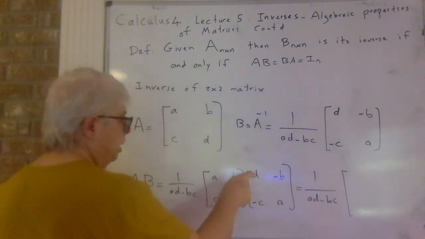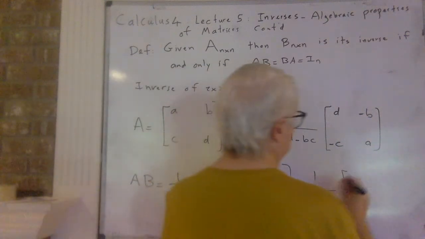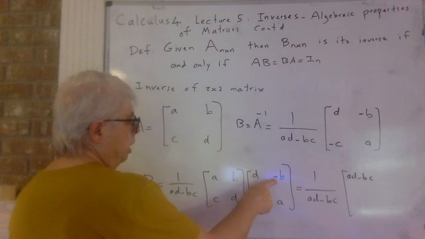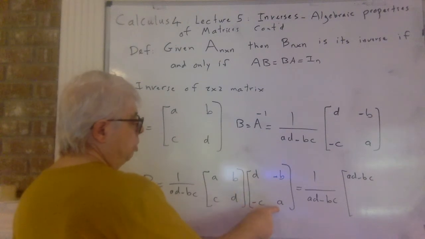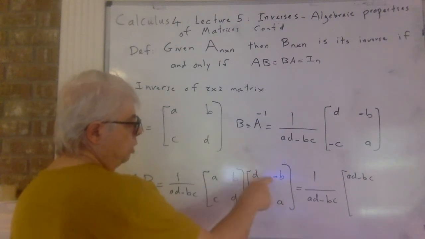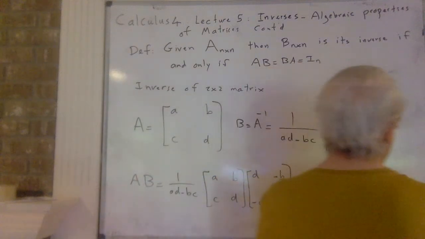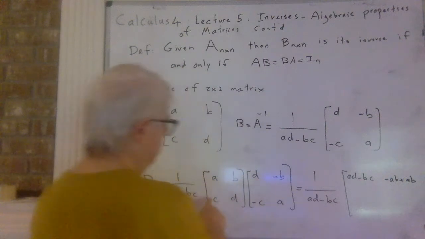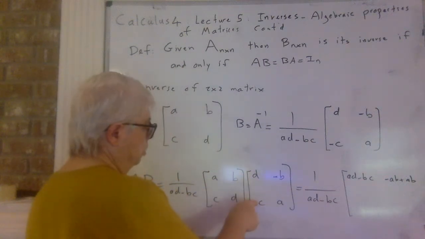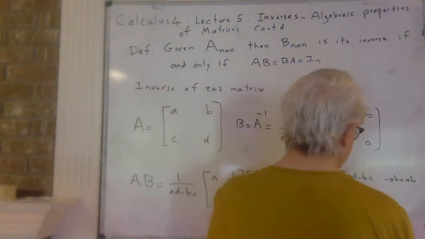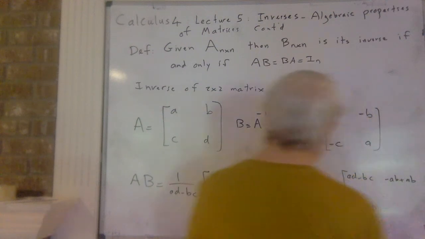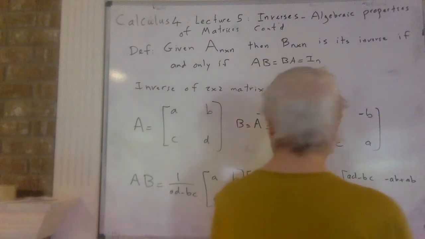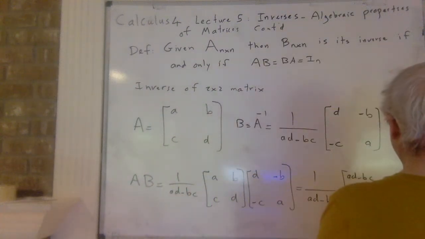So this one is AD minus BC. Minus AB plus AB. You see, this second one is minus AB. This one will be CD minus CD. And then it is BC minus AD, so AD minus BC.